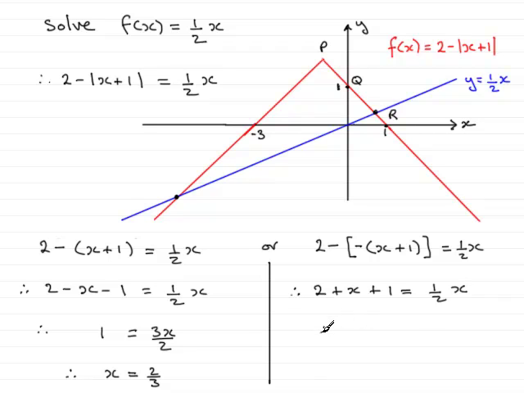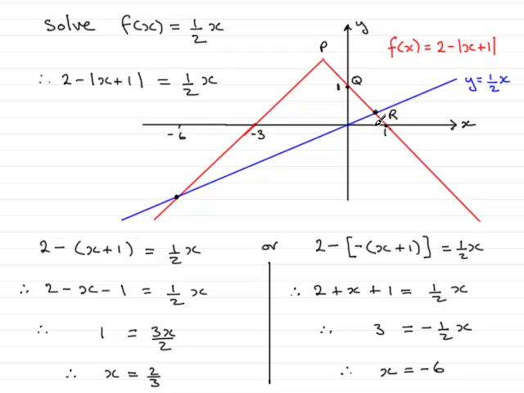Simplify this: 2 and the 1 is 3, subtract x from both sides, that leaves me with minus a half x. Rearrange for x by multiplying both sides by -2, and you see that x equals minus 6. And that clearly corresponds to the x value for this point here. It would be at -6.